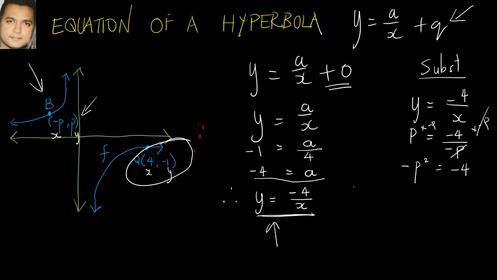Now I know I can get rid of that minus. It'll be p squared is equal to 4. And eventually p will equal plus or minus 2. Now by looking at this, I can clearly work out that the coordinates of b will be minus p, which is minus 2, and p will be 2.